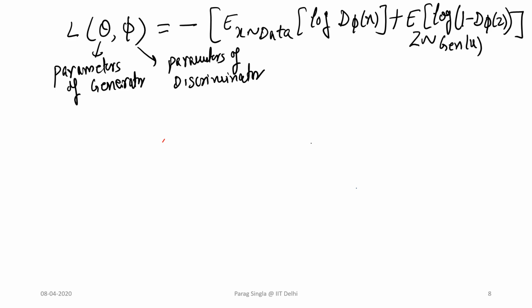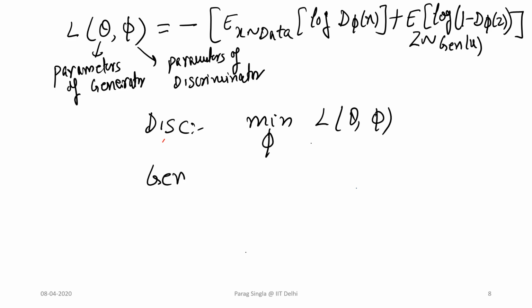And in this setting, what is the goal of the generator and the discriminator? The goal of the discriminator, let me write that first, is simply to minimize this loss over its parameters, which are phi, L theta of phi, right? And what is the goal of the generator? The goal of the generator is to fool the discriminator.